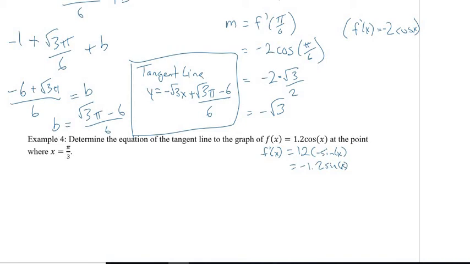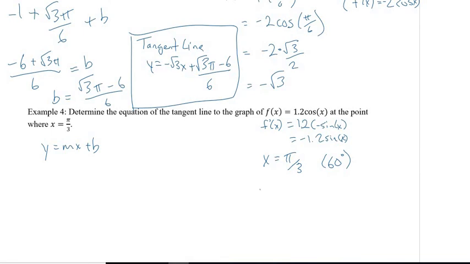So now that we have that, let's start trying to find all the rest of our information. So x, it says that x is equal to pi over 3. So that's going to be 60 degrees if I'm not mistaken.